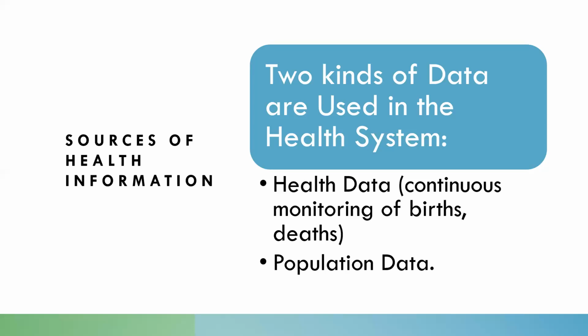So in every country there are 2 kinds of data that are used as a source for health information: the health data and the population data. The health data is the continuous monitoring of the births, the deaths, and the vital statistics in the population. And also there is a population data.